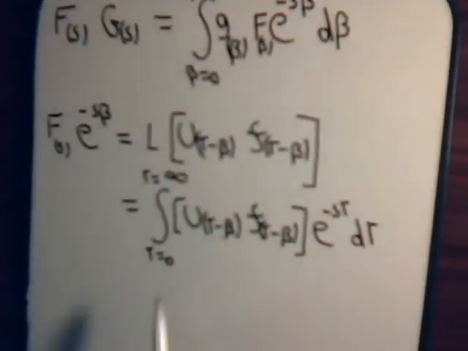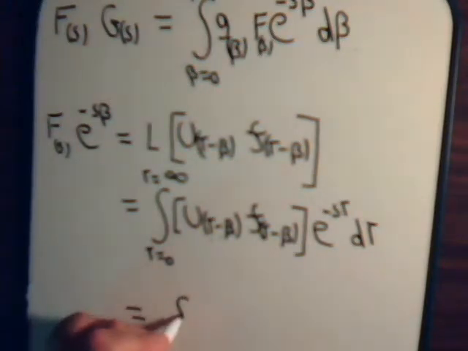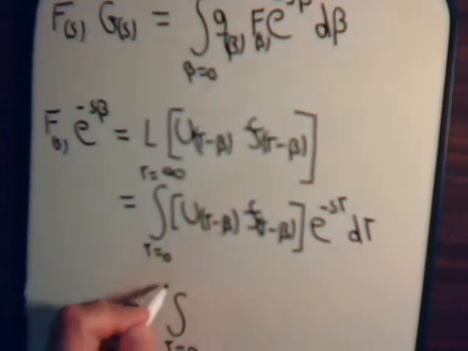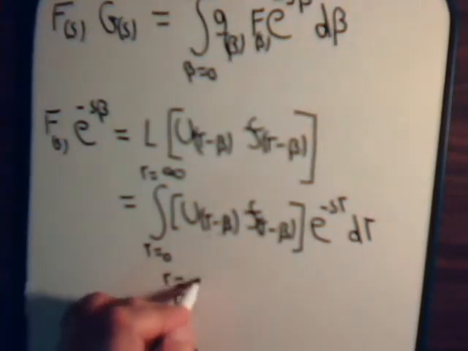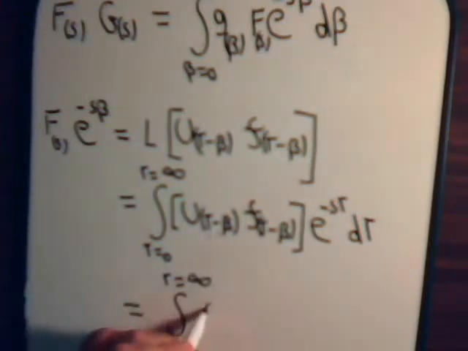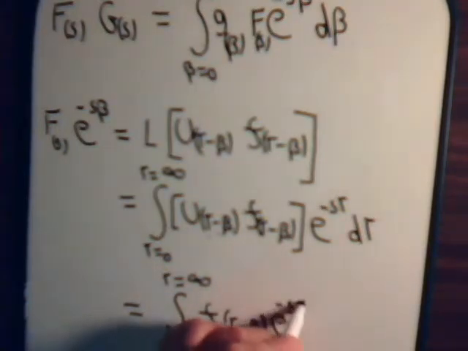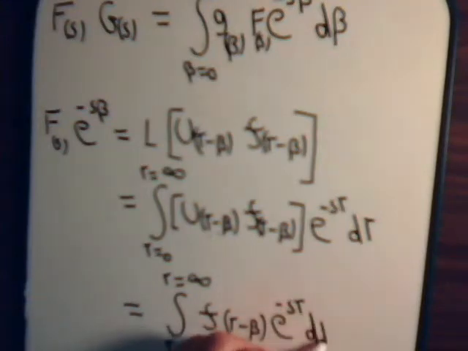So we can rewrite this entire integral simply like this: the integral starting where t equals beta to t equals infinity of f of t minus beta e to the minus st dt.